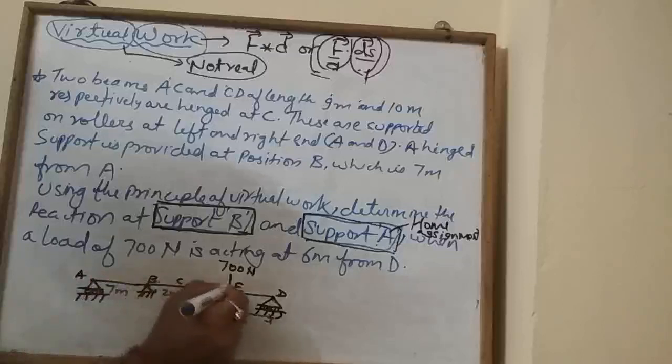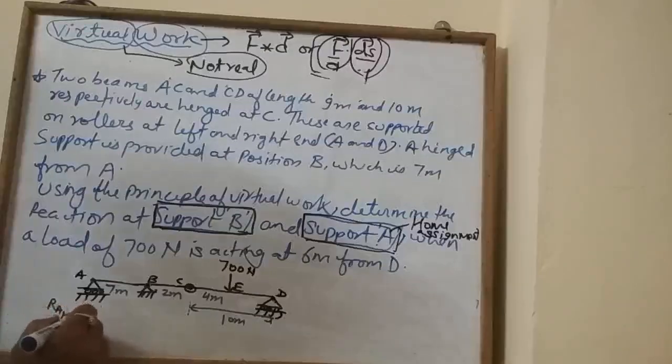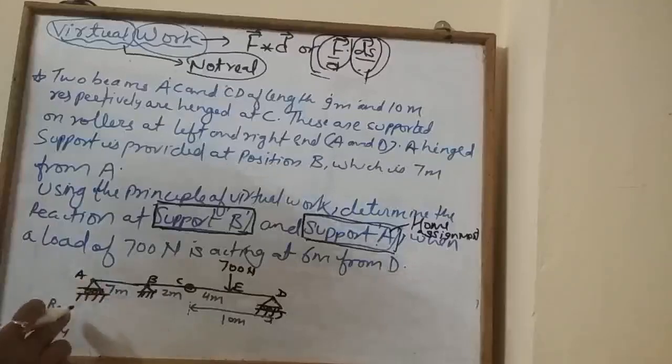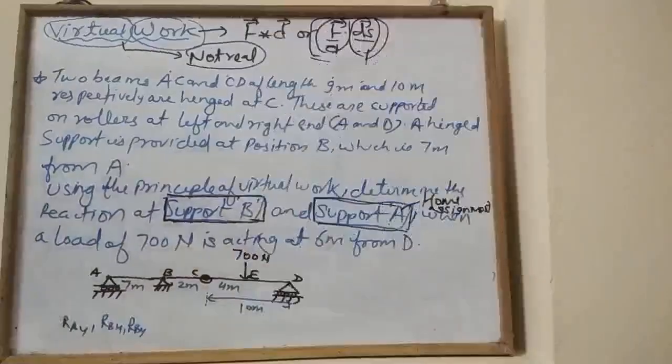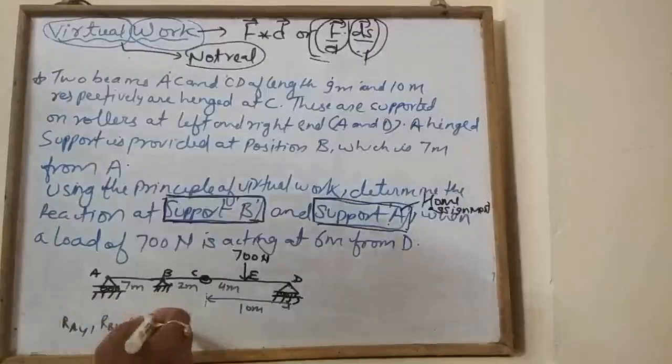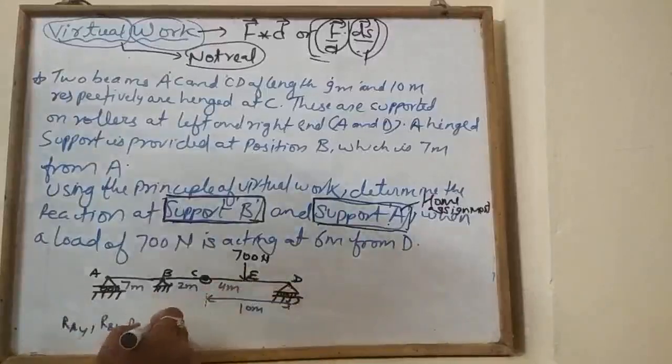Now we have RAH, RAY. Since this is a roller support, we will be having only RAY. RBH, RBY. So RBY. RDY.